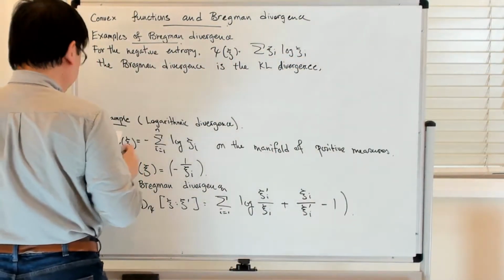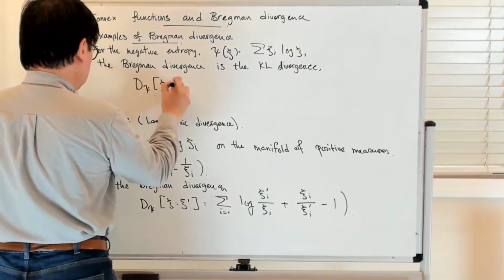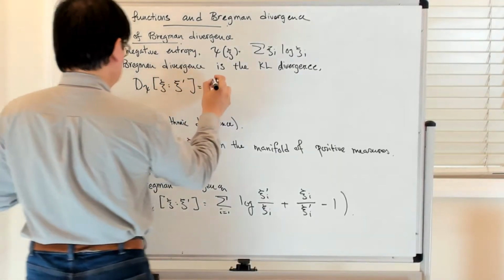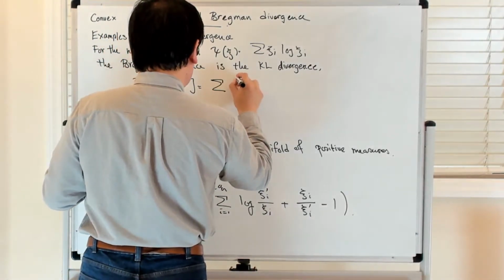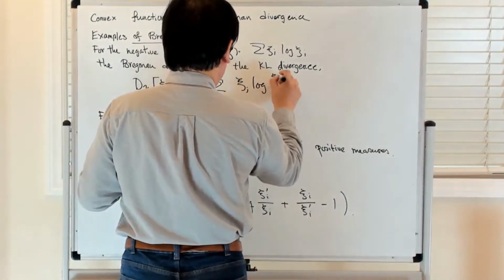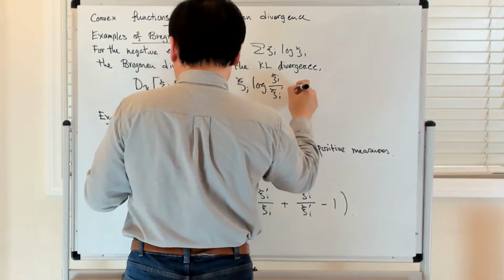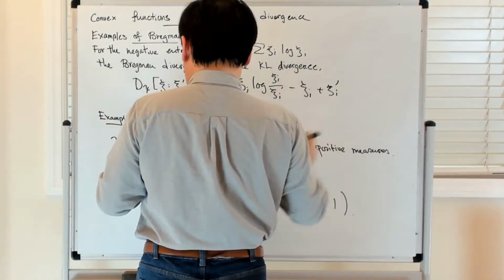Okay. So it's the sum of ci log ci divided by ci prime, minus ci plus ci prime.